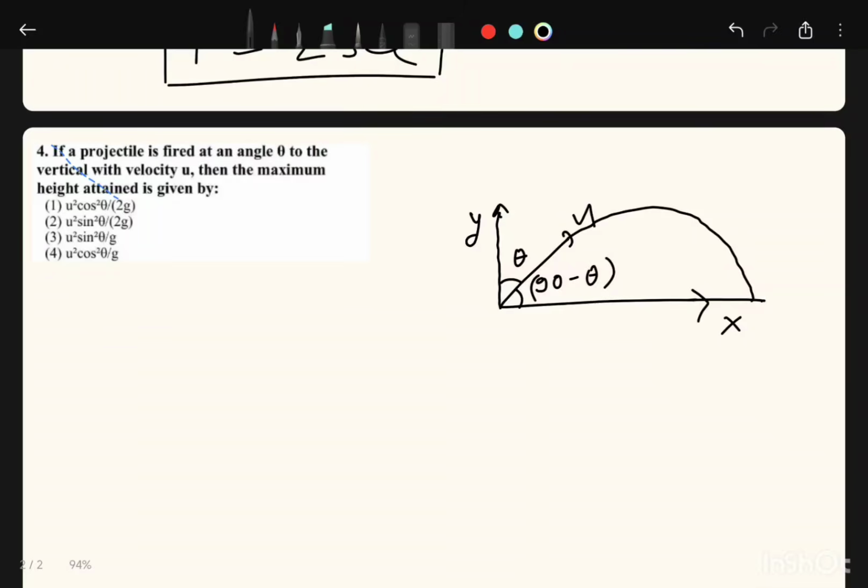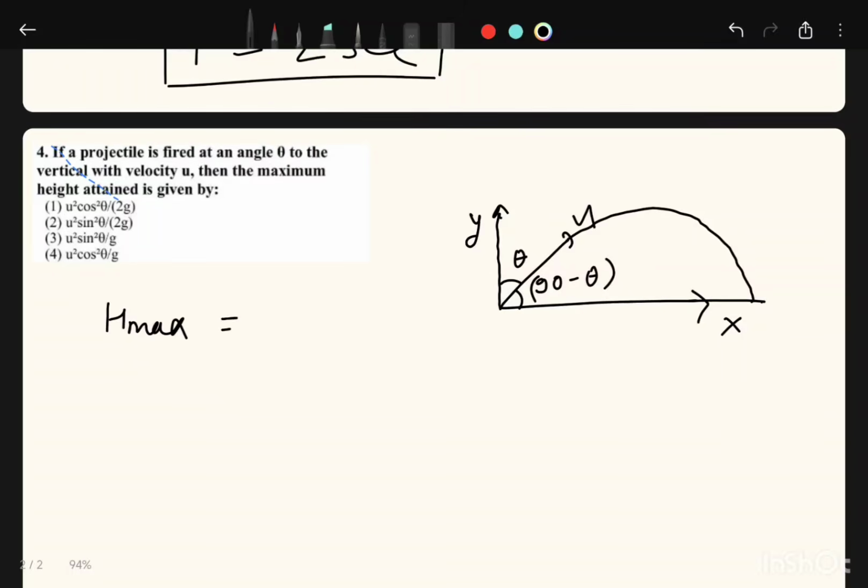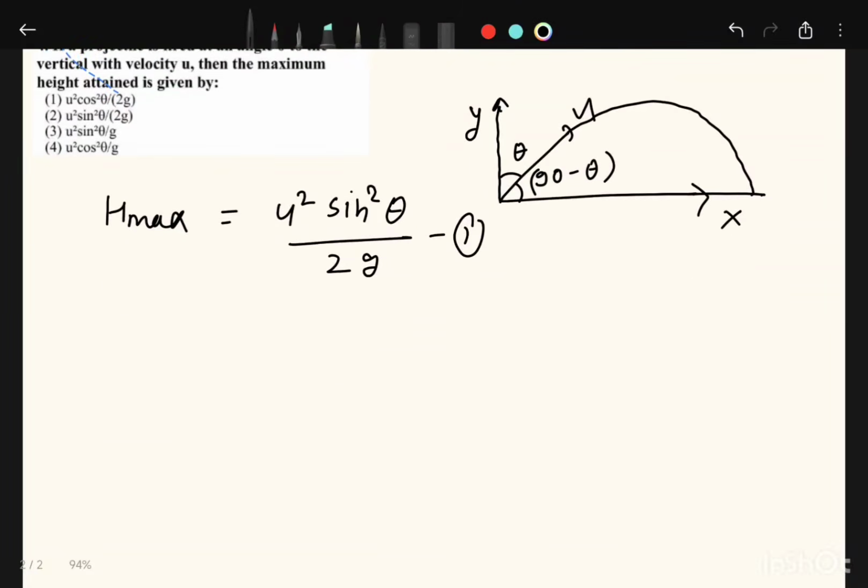Okay. So the conventional formula that we already know for the maximum height, H max, is u square sine square theta by 2g. Right. But this is not correct in this situation because your angle is no longer theta made with the horizontal axis, right? It is 90 minus theta. So you replace your theta with 90 minus theta in that equation 1.